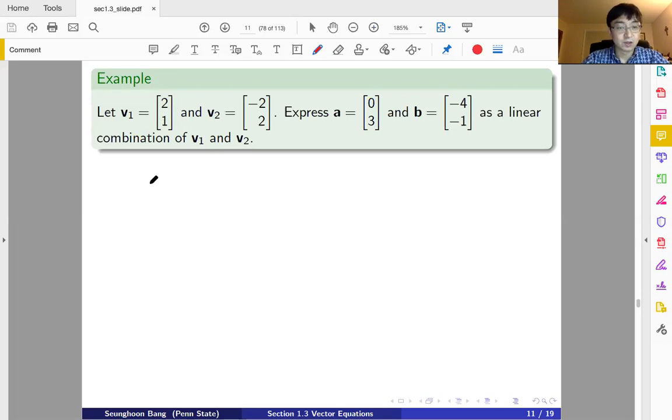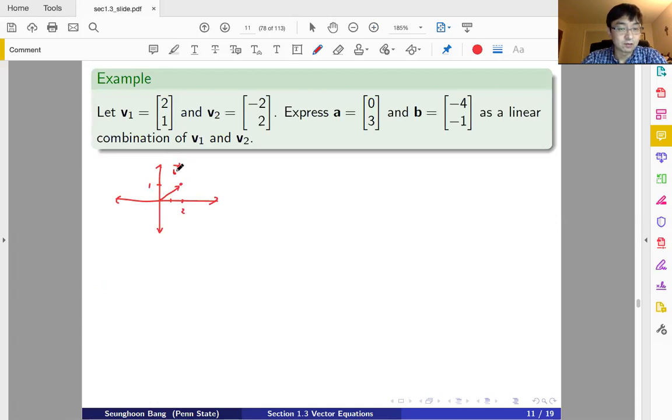First, you can draw a line and plot 1, 2. This is 1, and we have 2 and 1. So this vector is exactly vector v1.